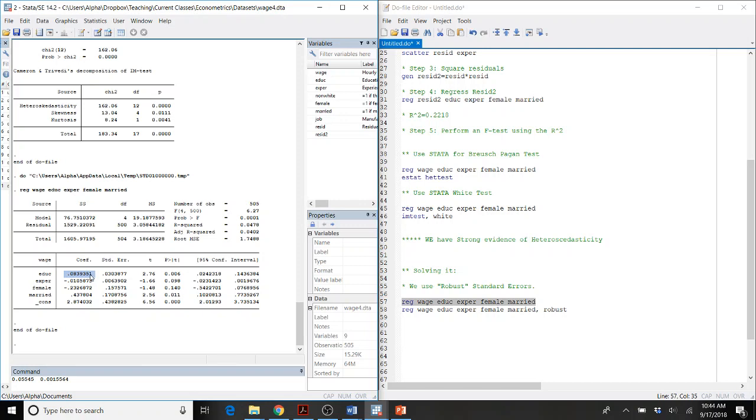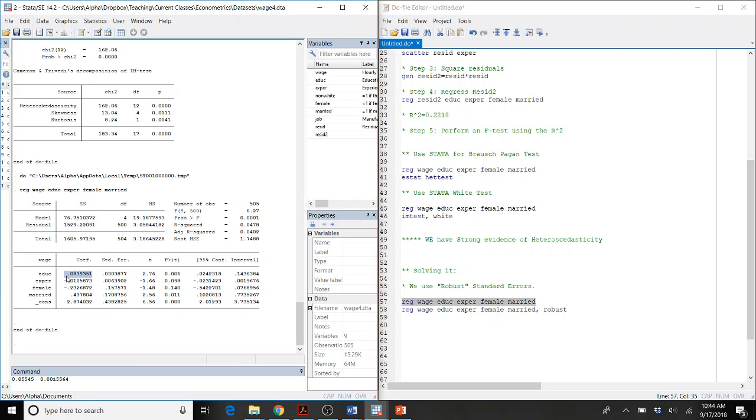This is still an unbiased estimate, right? Assuming that in this example. Now that means that when we run our regression with robust standard errors, this number should not change, right? So when we correct for heteroscedasticity, the coefficient estimates should not change. And they're not changing because heteroscedasticity does not affect the coefficient estimate itself.